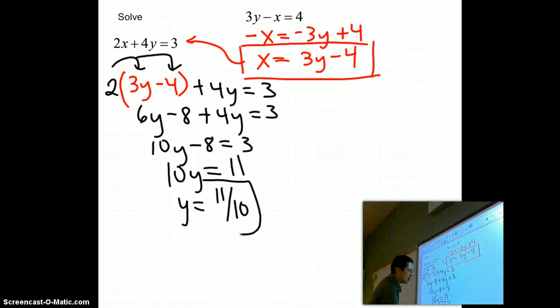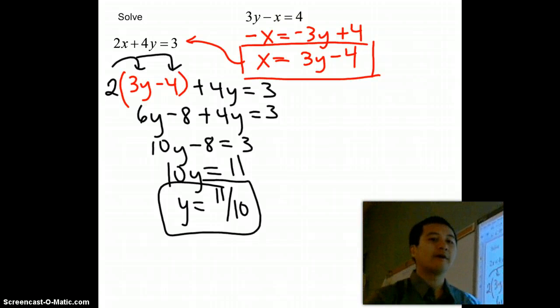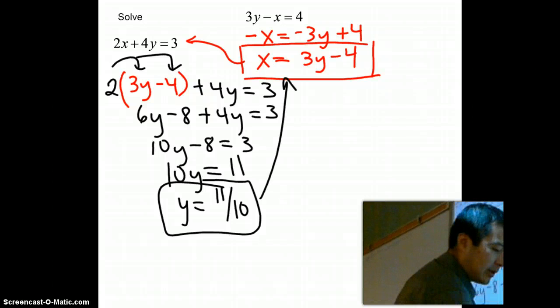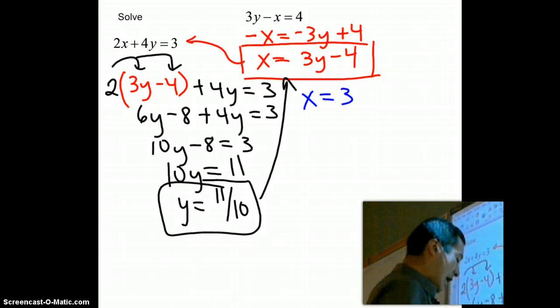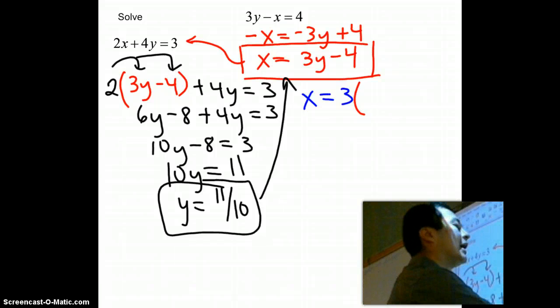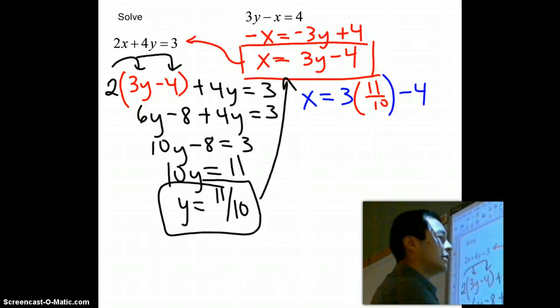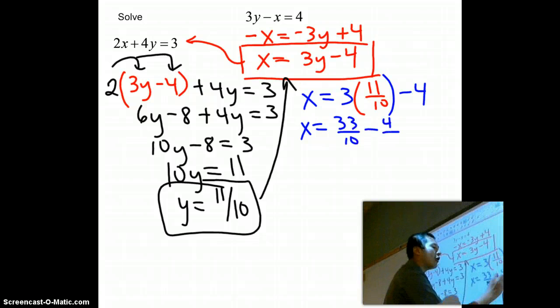Do I want decimals? No. We're going to deal with fractions only, so you guys practice your fractions. Now I found an answer. What I do with the answer, I plug into the isolated variable. x equals 3 times y. There's my y. I put in 11 over 10 minus 4. x equals 33 over 10 minus 4 over 1.